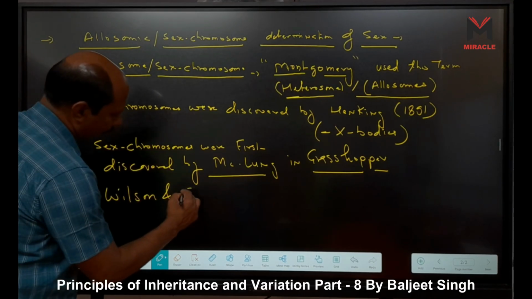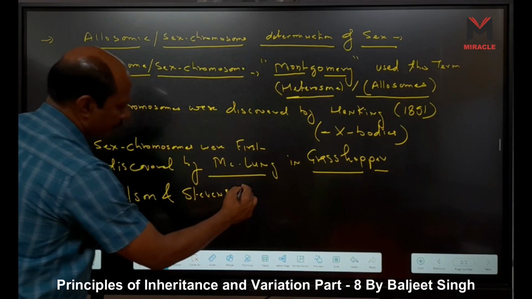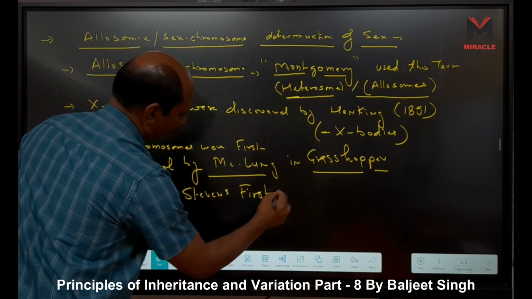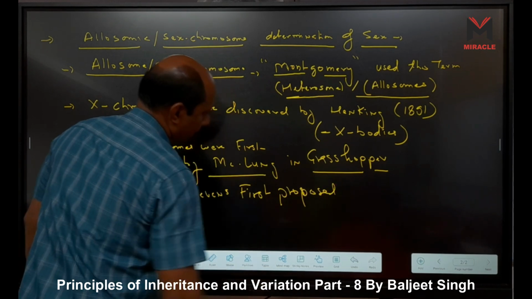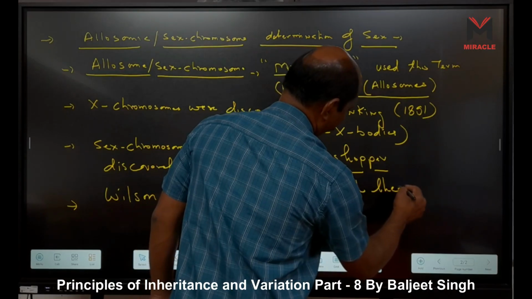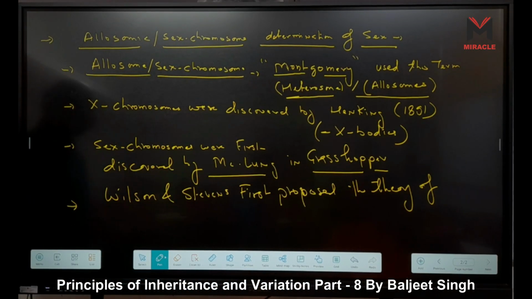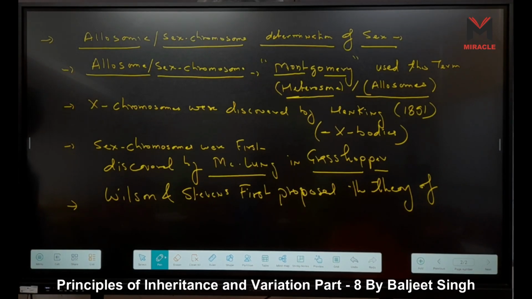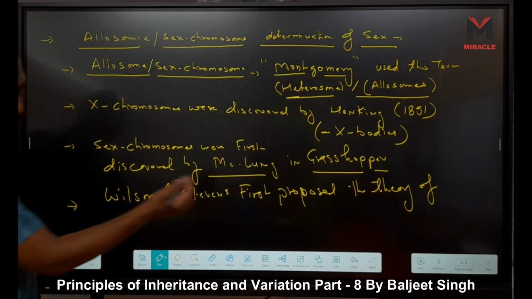Wilson and Stevens first proposed the chromosomal theory of sex determination.